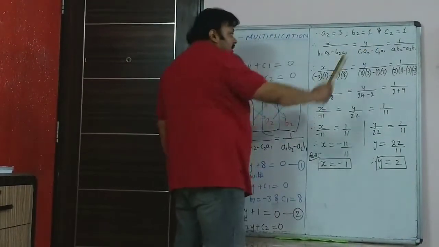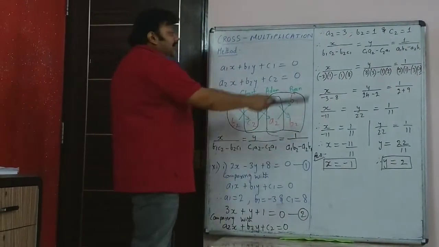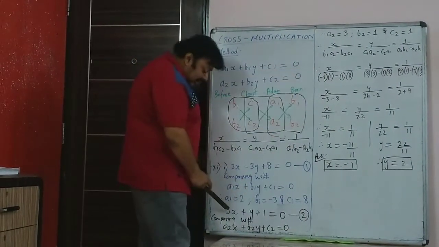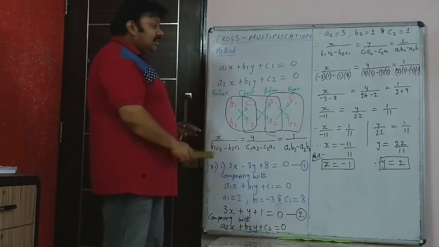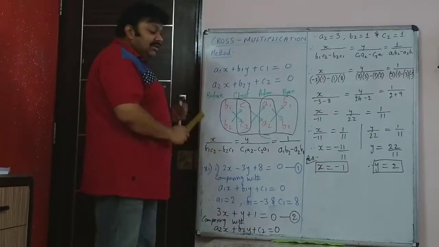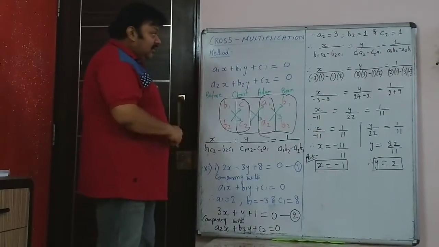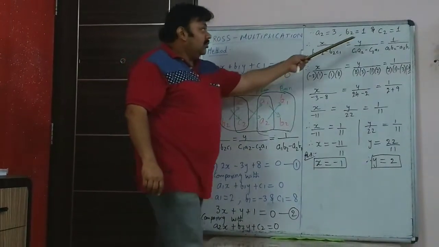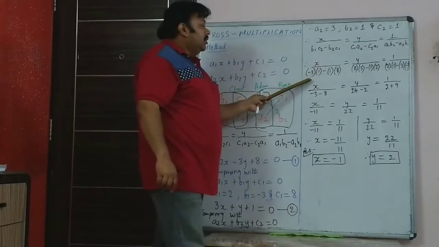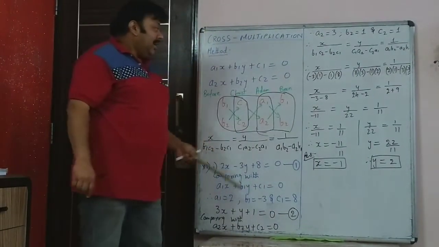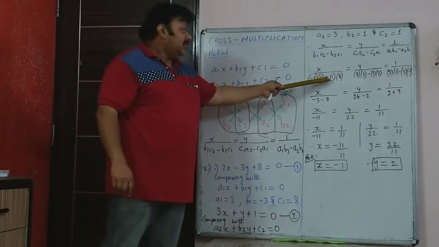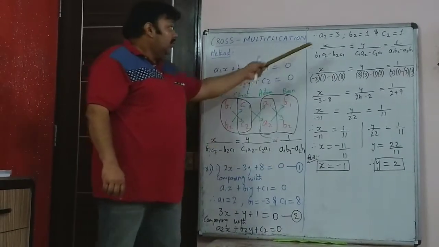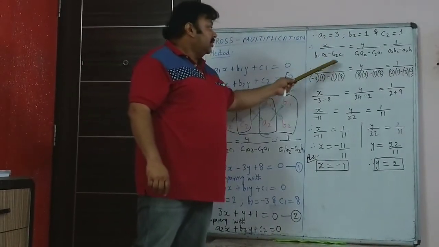The third one is 1. So x upon b1, where is b1? You have to have patience in this sum because it is a little lengthy method and it is using all this formula. So b1 is minus 3. c2 is 1. So minus 3 into 1 minus, this is the minus sign for this, b2 is 1.